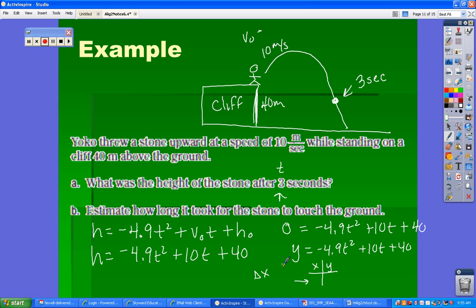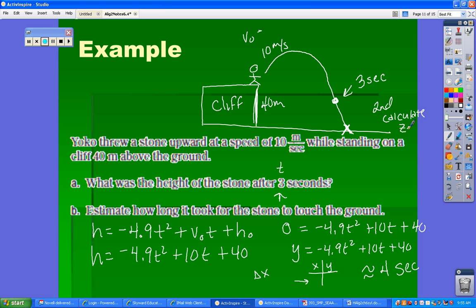We are looking for when that stone hits the ground. And we are going to get really close to about 4 seconds. The other thing you could do is graph it and look for the x-intercept. If you want to do trace, you could second calculate 0. That would be another thing you could do.